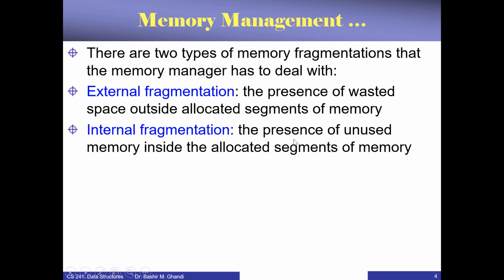So basically, if the fragmentation is within the allocated part, it is called internal fragmentation. If it is within the unallocated part, within the free memory blocks, then it is called external fragmentation. We shall explore these two types of fragmentation as we look at the two main methods of memory management. Okay, let's start with the sequential fit methods.